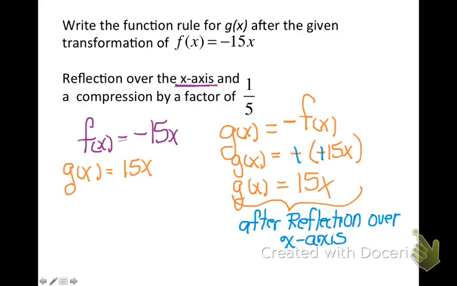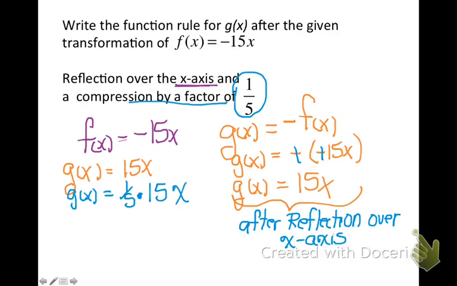All right, now we have to do a compression by a factor of 1/5. Now remember, when you're doing a compression or a stretch, you're multiplying the m value by whatever the compression or stretch factor is. So g of x equals this compression factor of 1/5, multiplied by my m term, which in this case is 15.